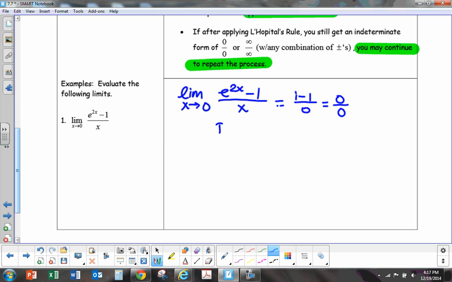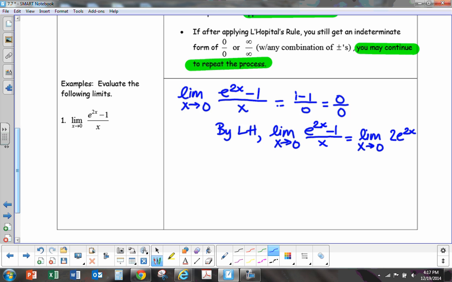So, I'm going to abbreviate for right now, by L'Hopital's rule, the limit as x goes to 0 of e to the 2x minus 1 over x is going to equal the limit as x goes to 0, and I'm going to differentiate the top. Derivative of the top will be e to the 2x, and then chain rule on that power means I have an extra 2 in front, 2e to the 2x, over derivative on the bottom is 1.